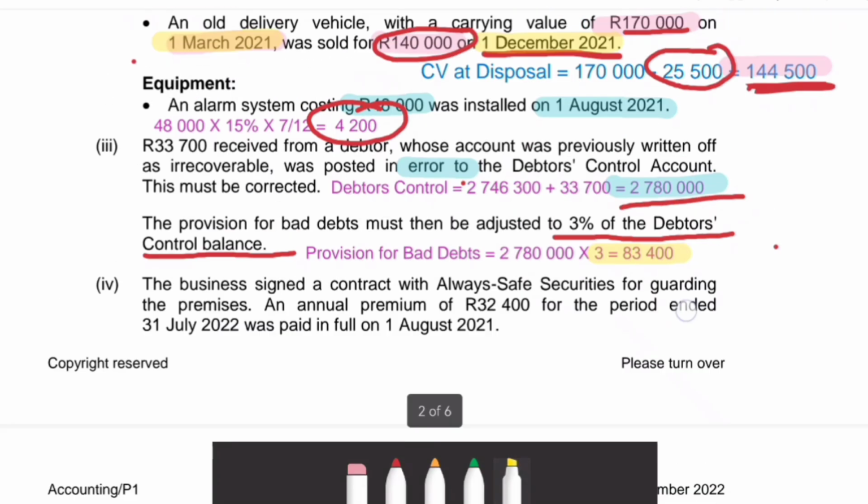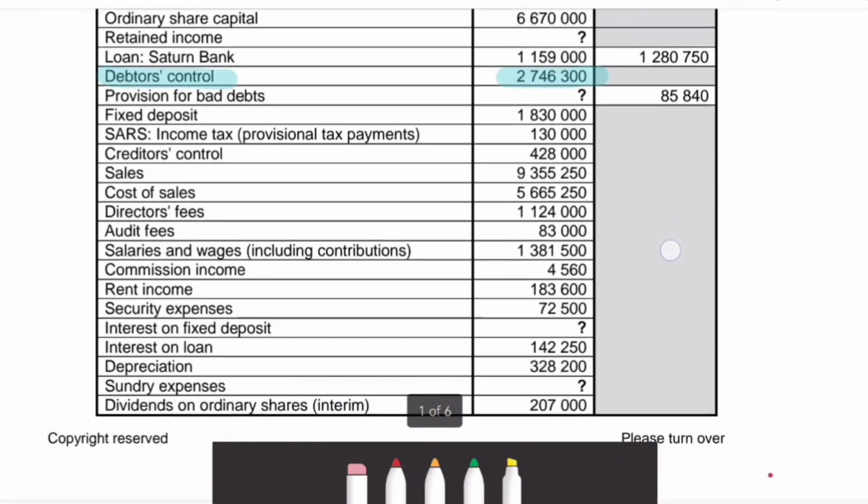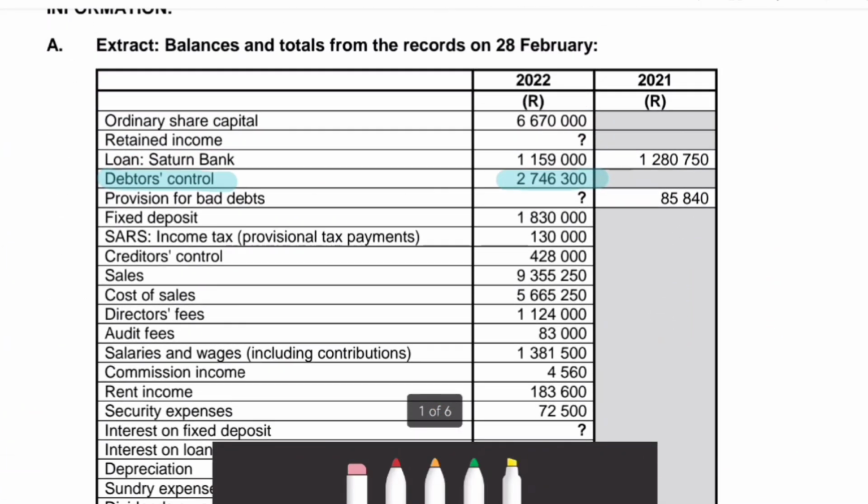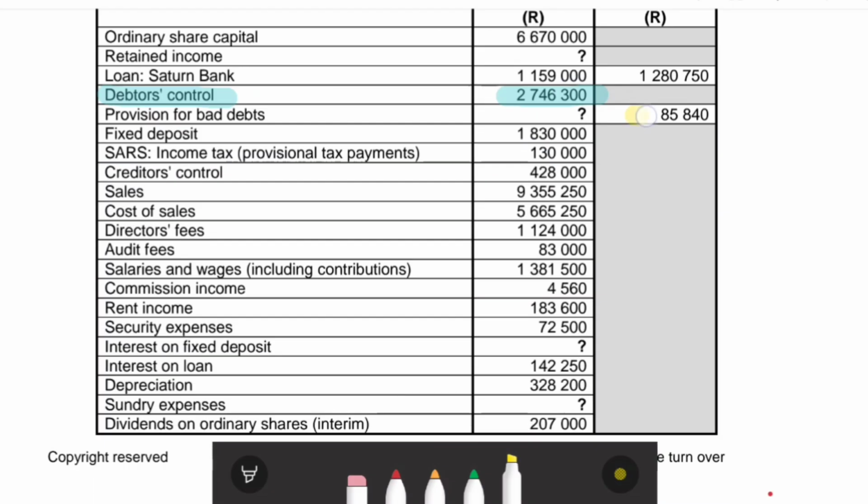Okay? If we look at the balances that we have, the balance for provision for bad debts at the beginning of the year, that is at the start of the current financial year, was $85,840.